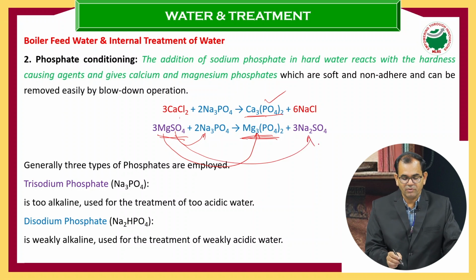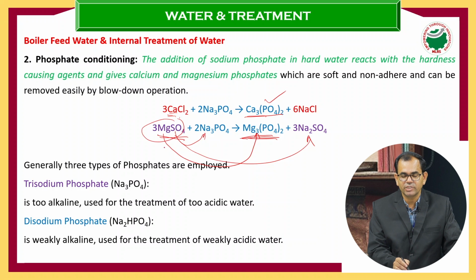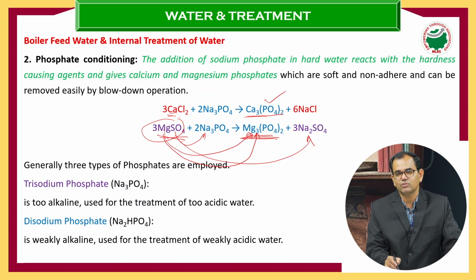So now, how is it removing the permanent hardness causing salts? Calcium combined with the phosphate group of trisodium phosphate, forming calcium phosphate. Magnesium sulfate salt has been dissociated into magnesium and sulfate ions, Mg2+ and SO4 2-. This magnesium has combined with the phosphate of trisodium phosphate and a magnesium phosphate group formed, and sulfate has been removed in the form of sodium sulfate.